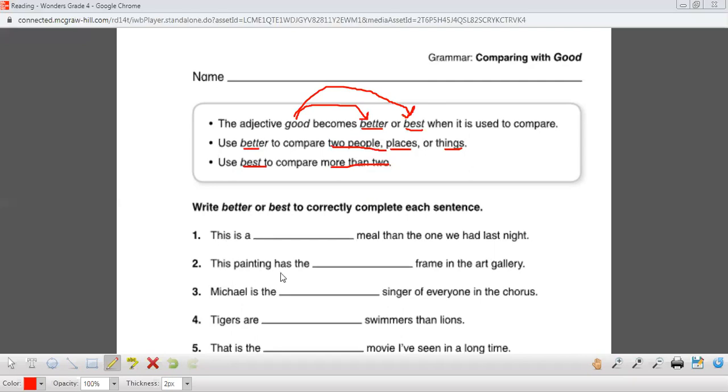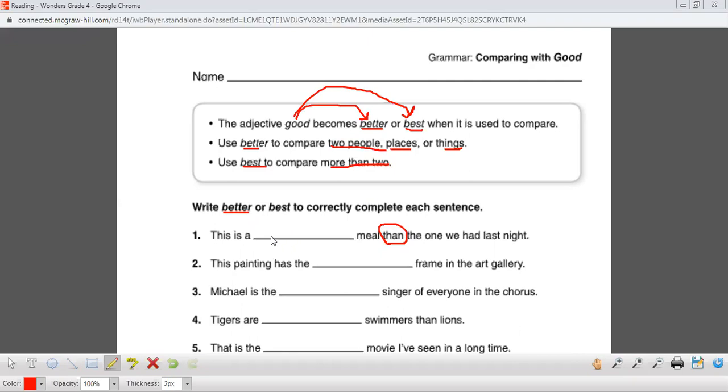Generally speaking, students, when I'm comparing two things using good, I will be using better, and in 90% of the cases after better, I will have than, because I'm comparing two things.